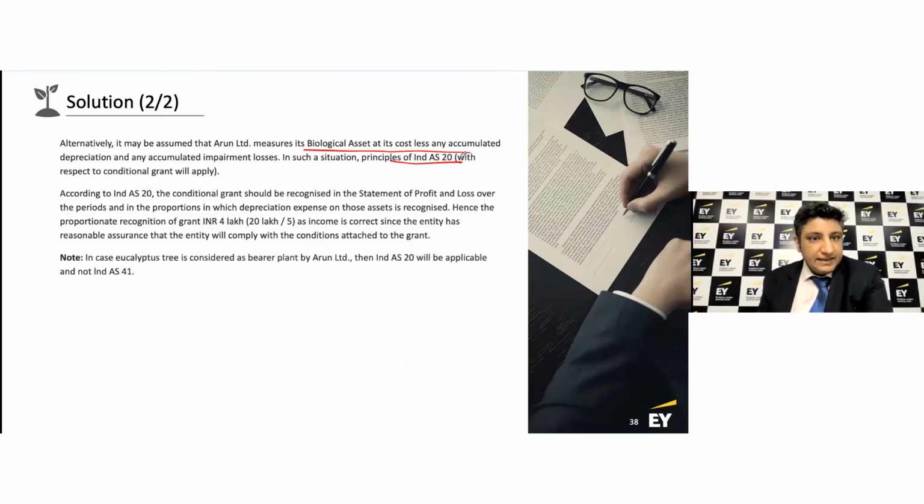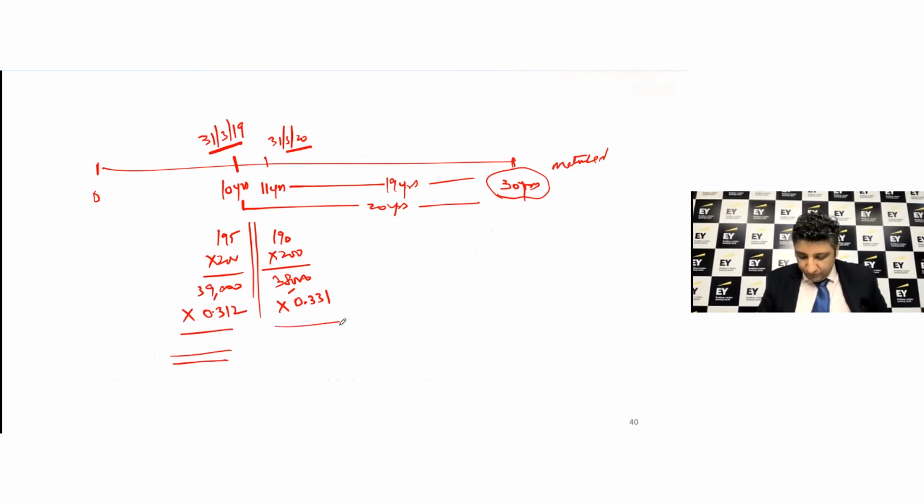And again, as I said, in case the tree is considered a bearer plant, Ind AS 20 would be applicable, and the treatment would be done accordingly. Now, the fair value less cost to sell for these pine trees.